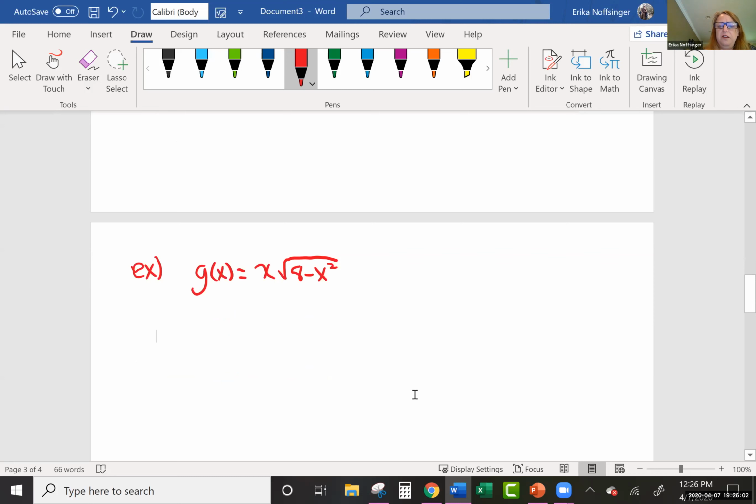And I want to find where g of x is increasing, decreasing, or constant.